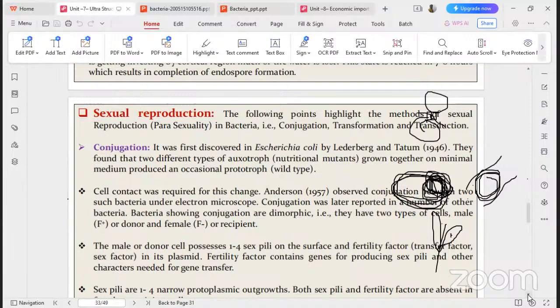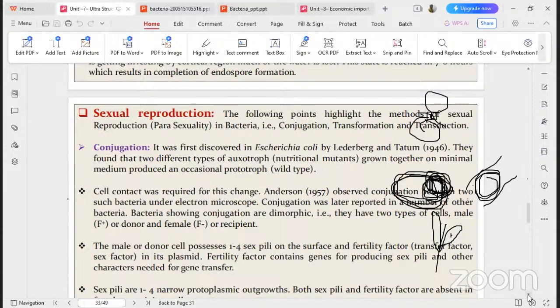Here there is no sexual organ and no fusion; plasmogamy and karyogamy are not happening. But genetic material is exchanged between two organisms, which is why we call it sexual reproduction.